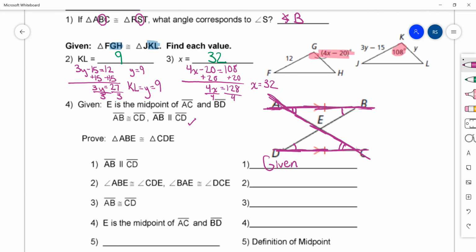Yeah, what kind of angles are those? Alternate interior angles. So these are alternate interior angles.